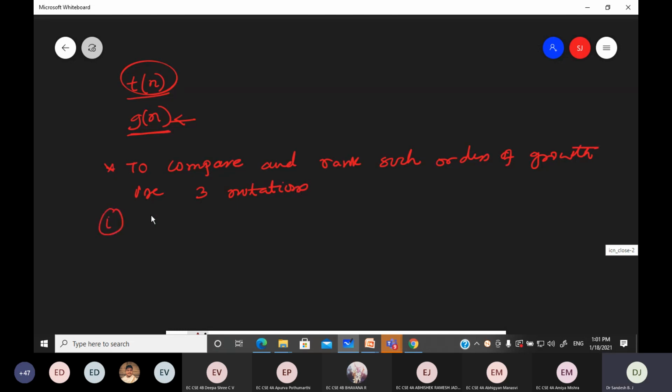One is called big O notation. The second one is called big omega notation. And the third one is called big theta notation.